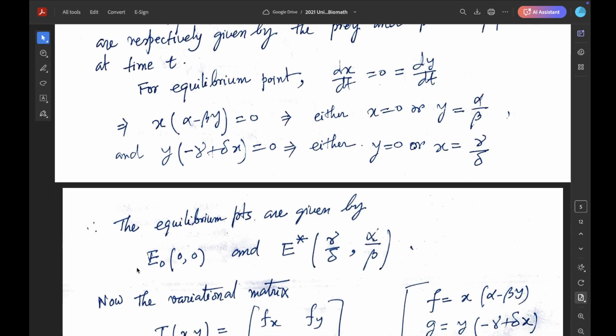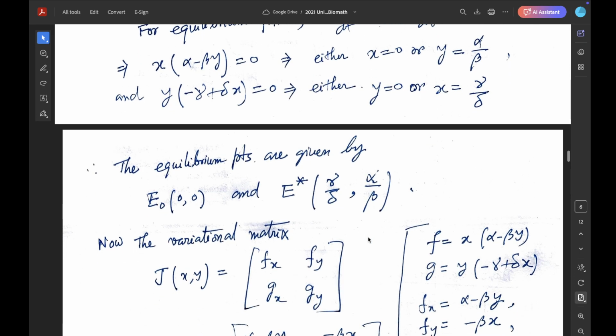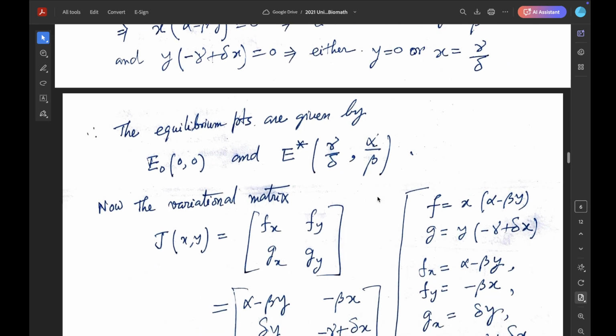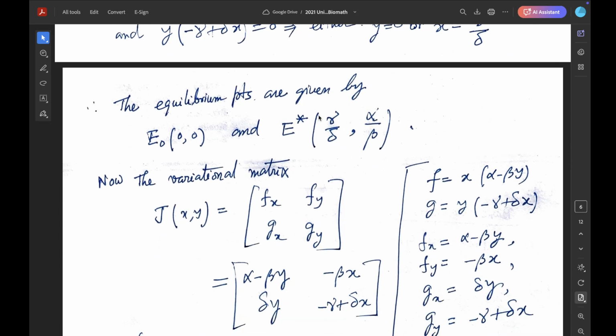So the equilibrium point is E naught equal to (0, 0), the trivial equilibrium point. And if we choose x nonzero, then x star is gamma by delta and y star equal to alpha by beta. This is the non-trivial equilibrium point, the coexistence equilibrium point, the interior equilibrium point.